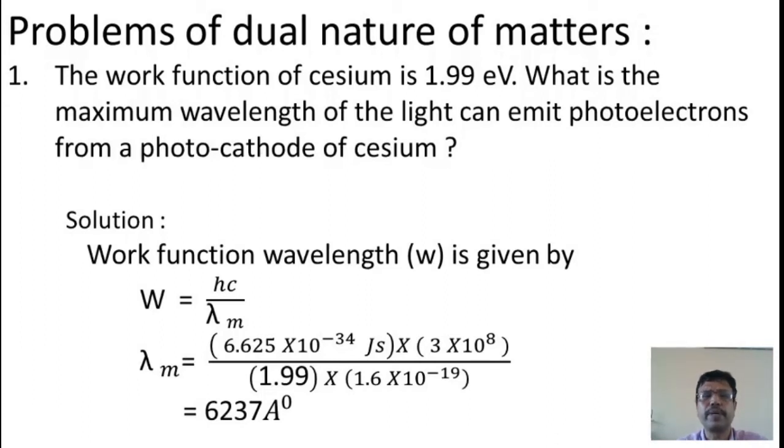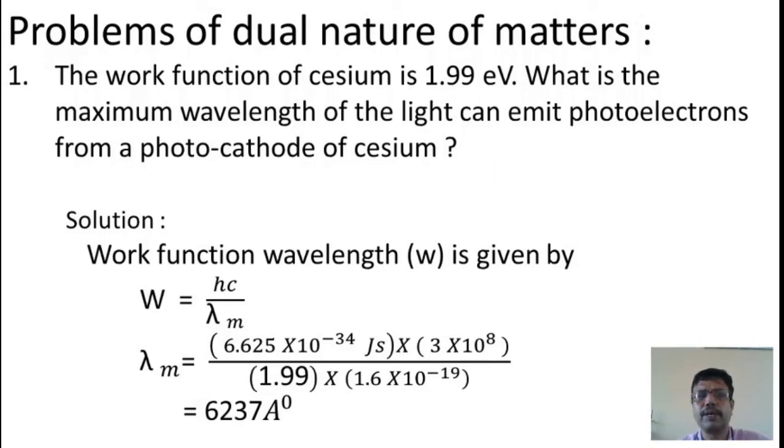And an expression for work function is W is equal to hc by λmax or λ0. h is Planck's constant, c is the speed of light. So from this equation, λmax is equal to hc divided by W. Substitute the values: h is equal to 6.625 × 10^-34 joule second, c is 3 × 10^8 meter per second, W is 1.99 electron volt.